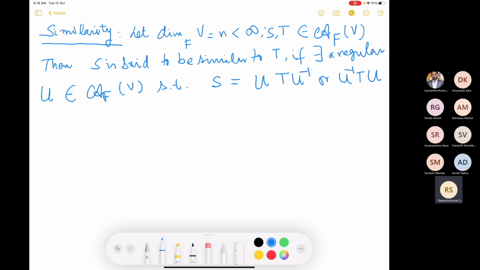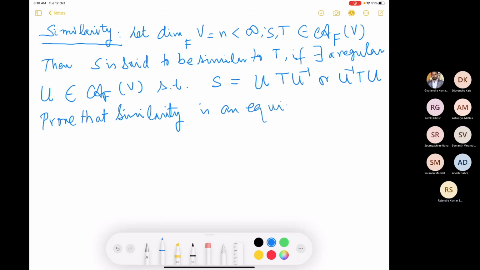Now, it is easy to see that similarity is actually an equivalence relation, so you can prove easily that similarity is an equivalence relation.